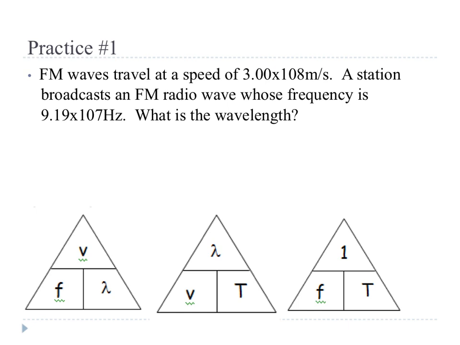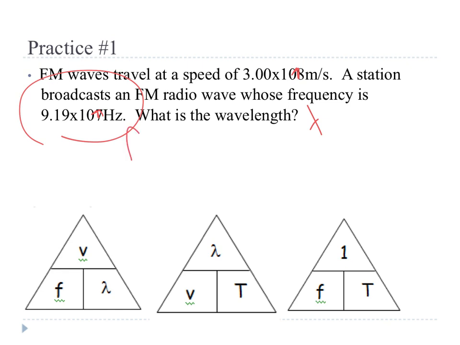If FM waves travel at a speed of 3 times 10 to the 8th, and a station broadcasts with a frequency of 9.19 times 10 to the 7th, what is the wavelength? Well, I'm looking for wavelength.